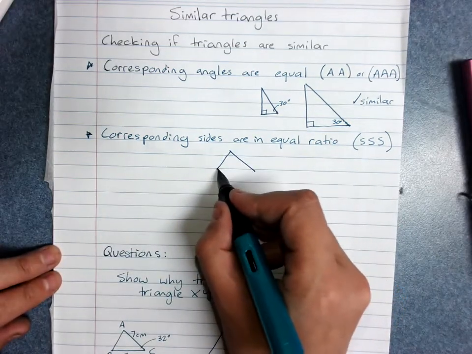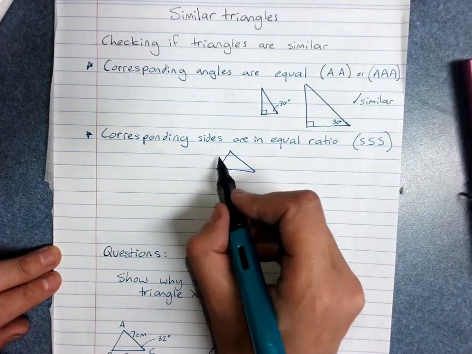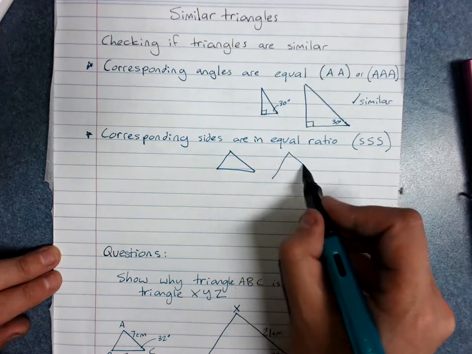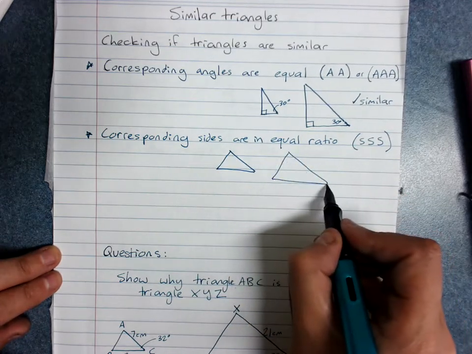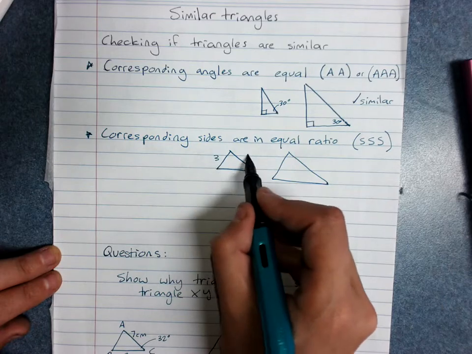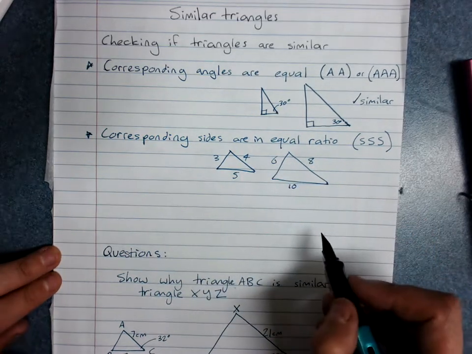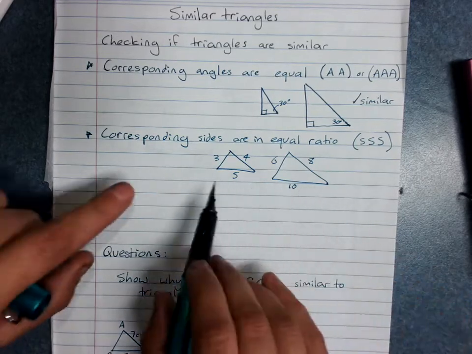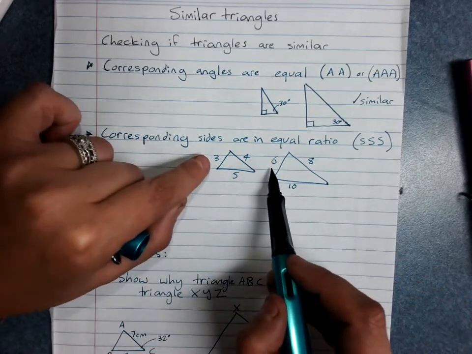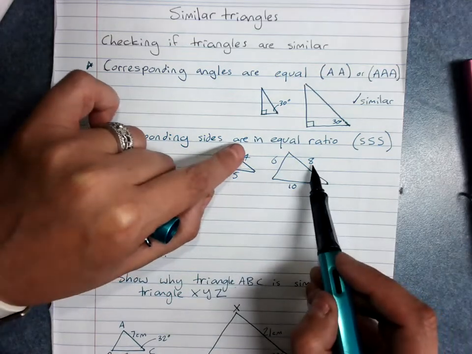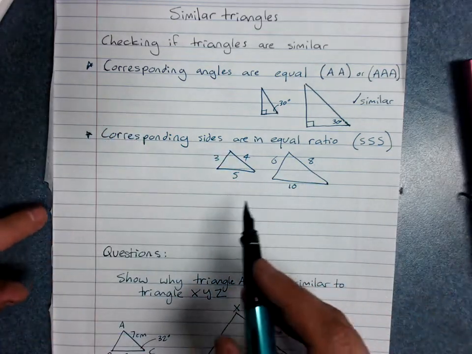So an example of this would be these two triangles. It's a very simple example. Remember, of course, the short sides are corresponding, the medium sides are corresponding, the long sides are corresponding.